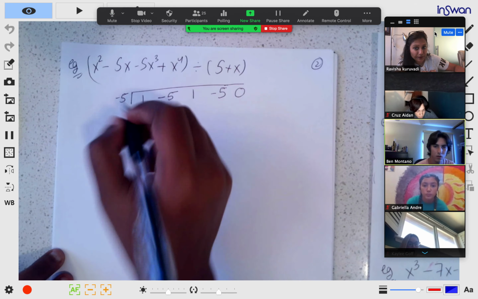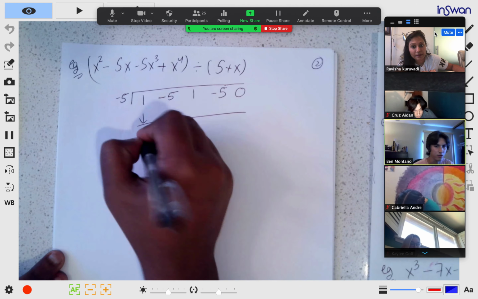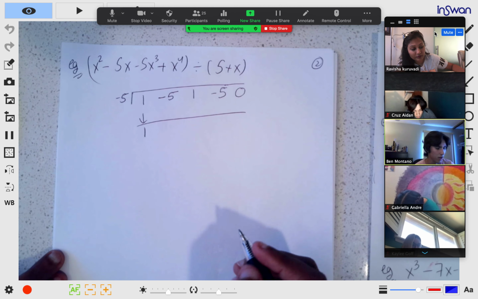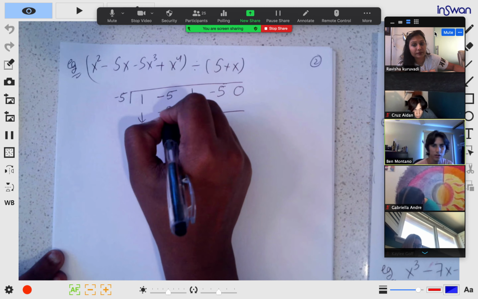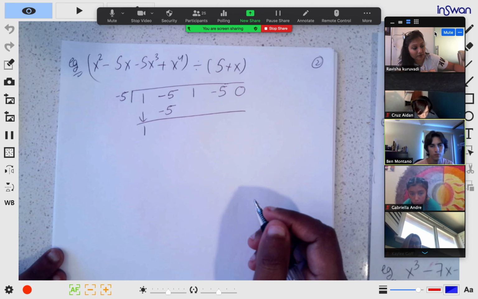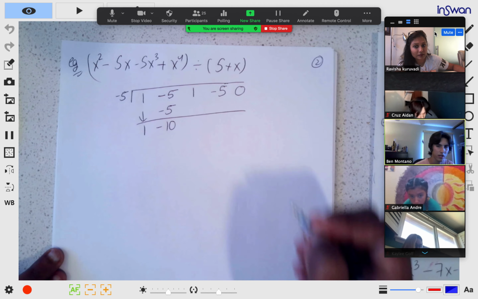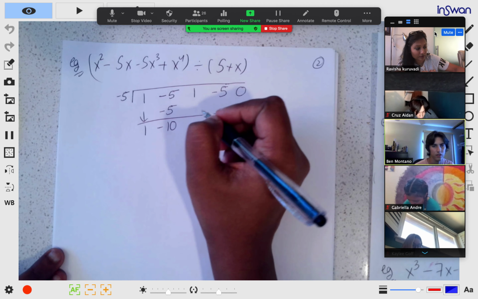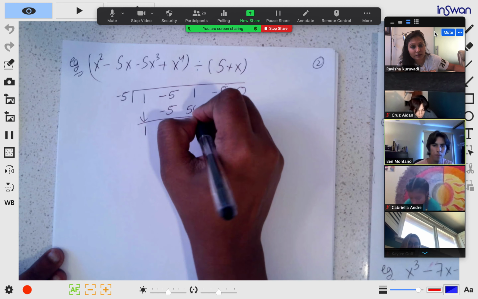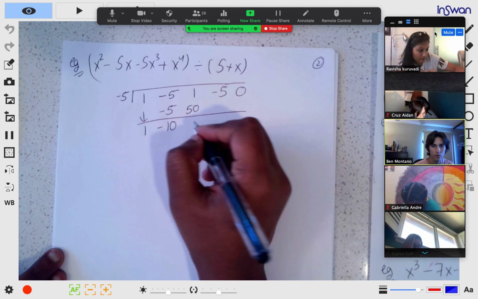So how do you solve it? You drop down the 1. And then you multiply the -5 times 1 and you put it underneath the -5. So it's -5. Then you add those, and it equals -10. Then you multiply the -5 and -10, and you get 50. And then add the 50 and the 1, so you get 51.